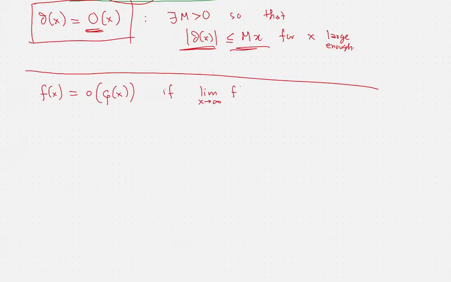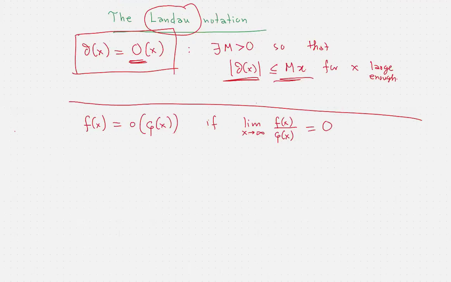In other words, the little o notation would mean that the inequality that we see here is true for any arbitrarily small m as x tends to infinity. So it can be true for any small m.